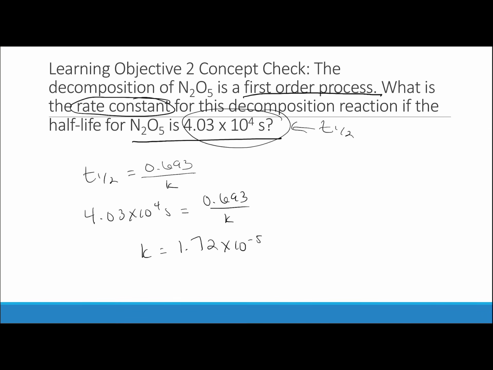And this is a first order process, so our rate constant is s to the minus 1. Okay, so again, simple plug and chug to determine what our k value is for a first order process.